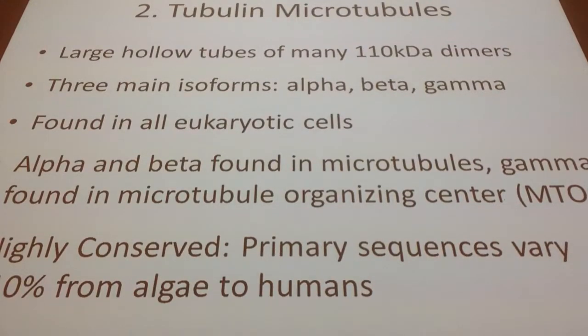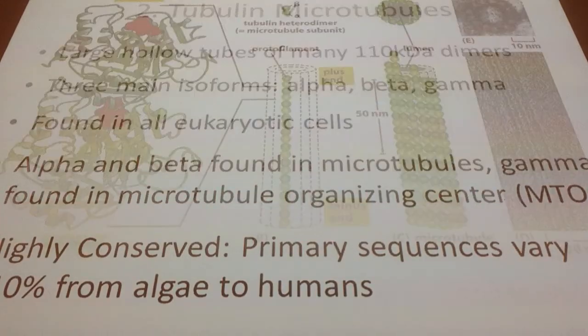Really, only the alpha and beta tubulins will be used as monomers for microtubules. The gamma tubulin is used for something else. So for now, let's hold off on that. We'll come back to the MTOC later.